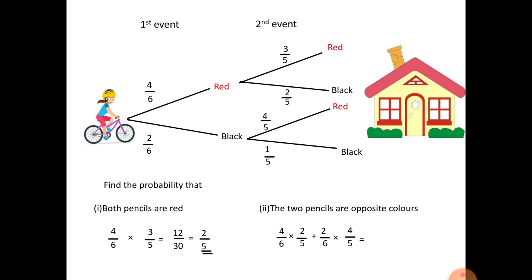That is very simple. Now you have to simplify this fraction. 4 times 2 means 8, so 8/30, plus again 2 times 4 means 8 over 6 times 5 means 30. Now the denominators are equal, so you can easily add those values as 8 plus 8, 16/30.